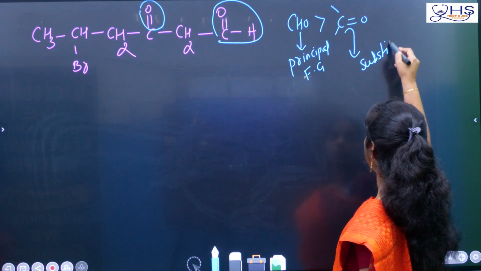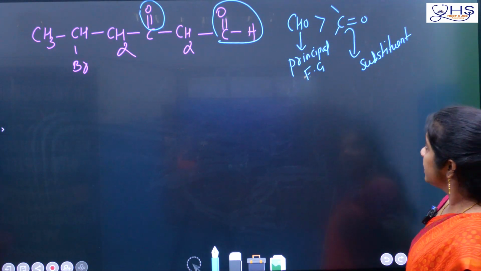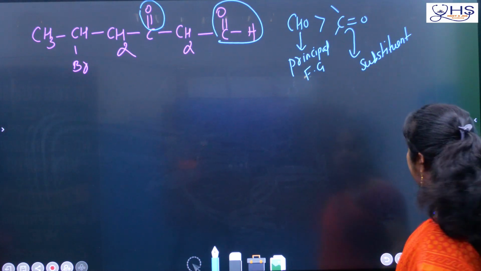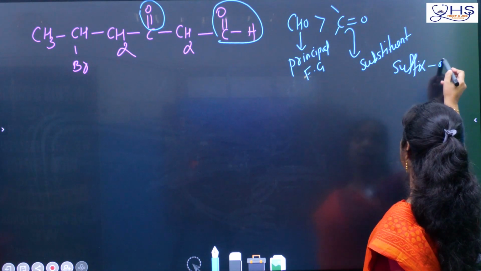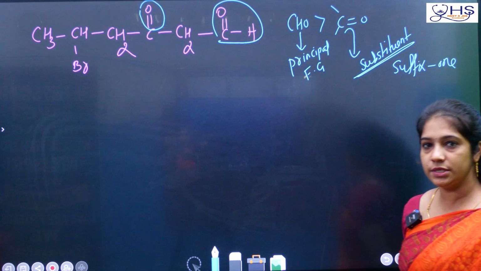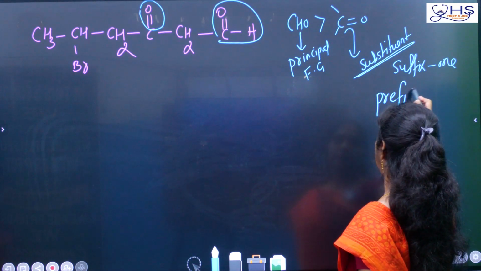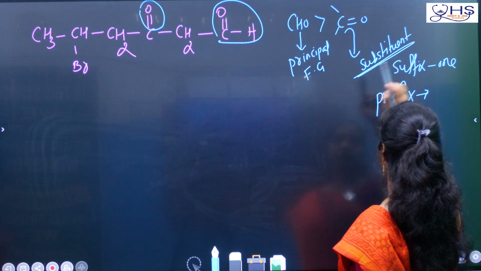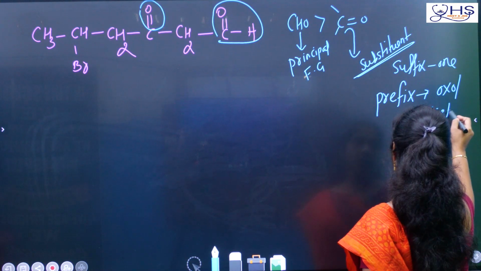Now we cannot use the prefix name and suffix name the same. What is the suffix name for ketone? Suffix for ketone is one. Now when it becomes a substituent, we have to use the prefix name. Remember, prefix name for ketone is oxo or keto. You can use oxo or keto.